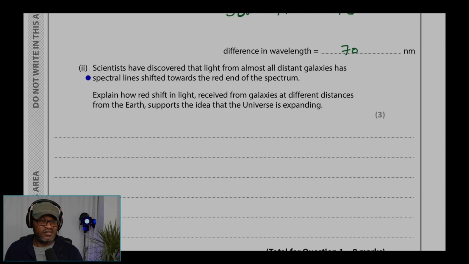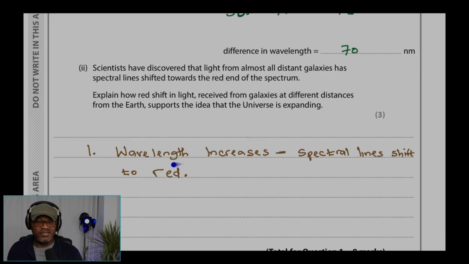Part 2. Scientists have discovered the light from almost all distant galaxies has spectral lines shifted towards the red end of the spectrum. Explain how red shift in light received from galaxies at different distances from the Earth supports the idea that the universe is expanding.